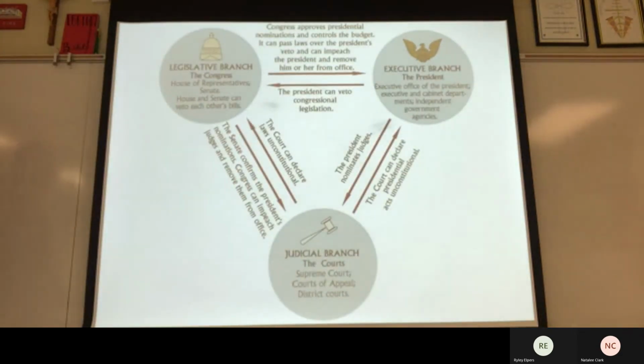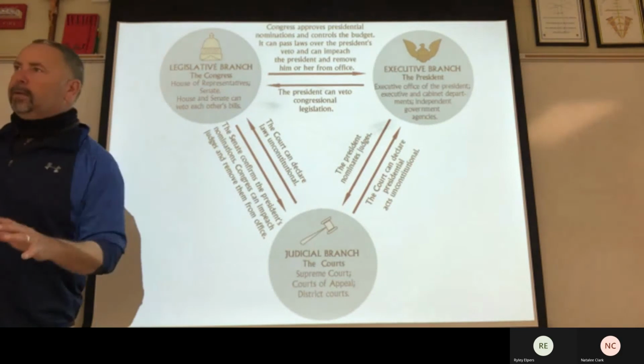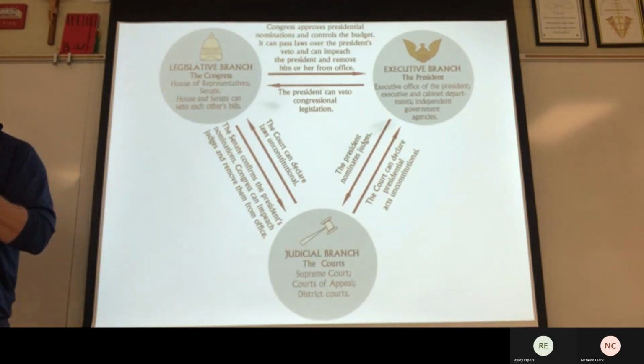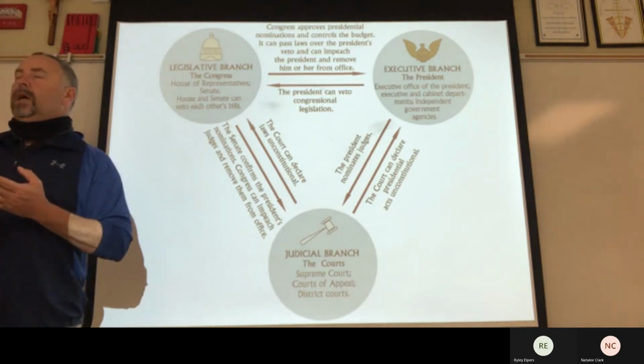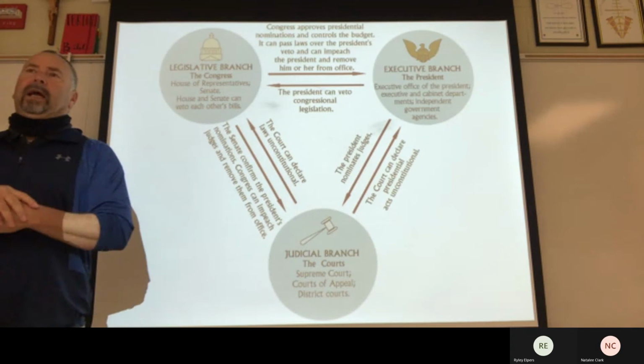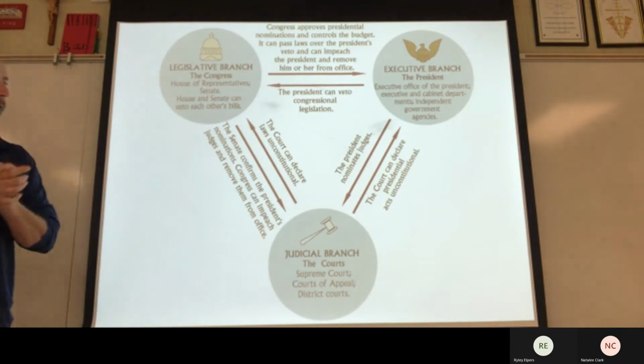So like I said, let's just recap real quick. Okay? Popular sovereignty, limited government, separation of powers, and checks and balances. Okay? Number 5 will be federalism, and I'll talk quite a bit about that tomorrow.